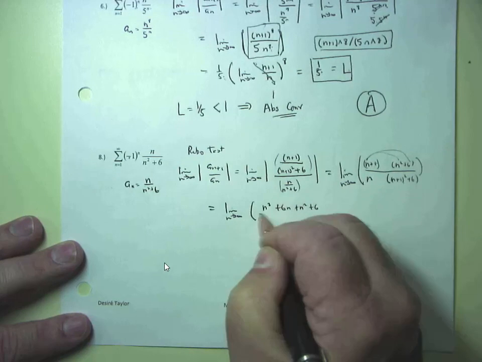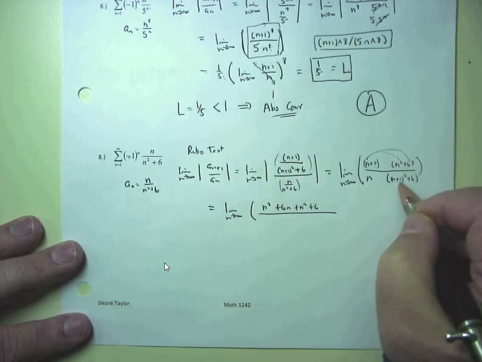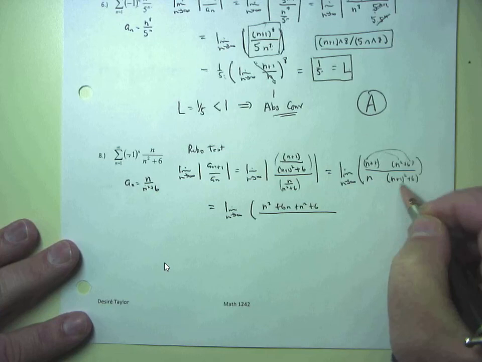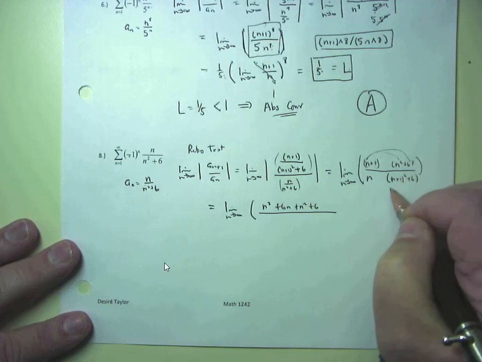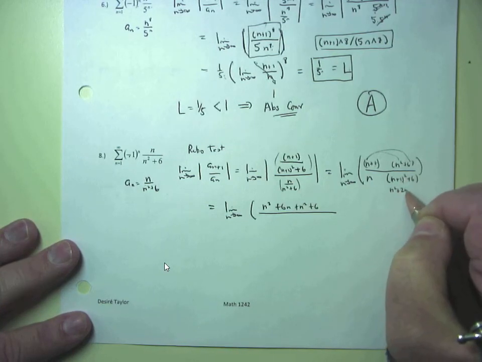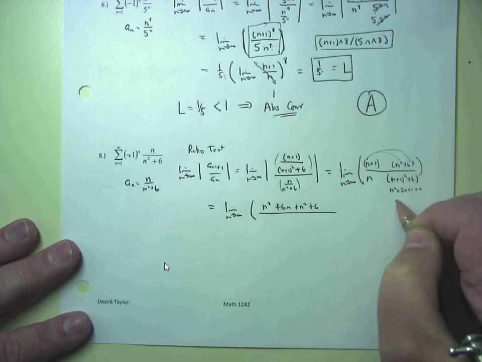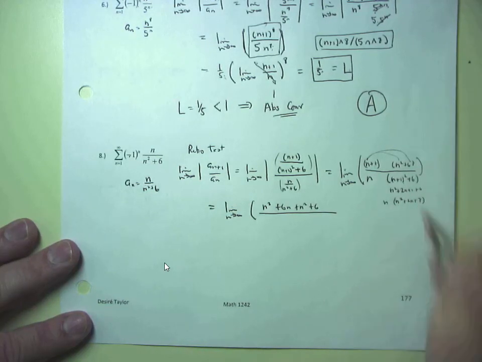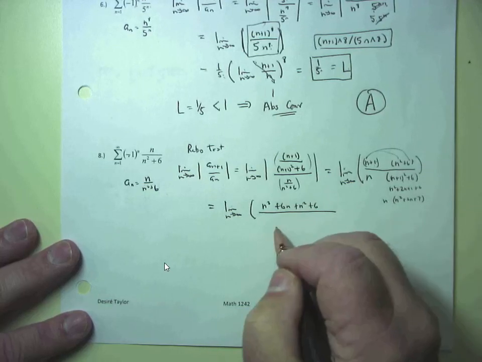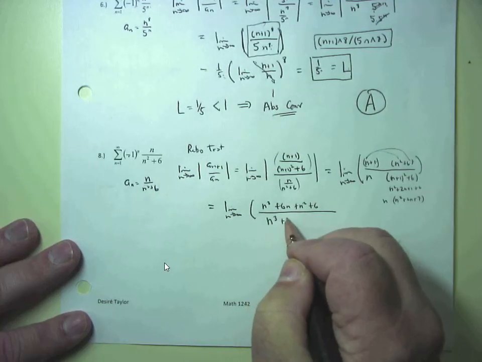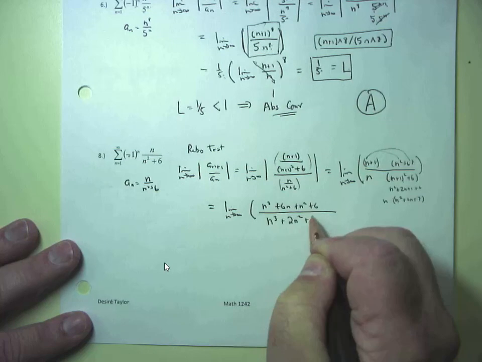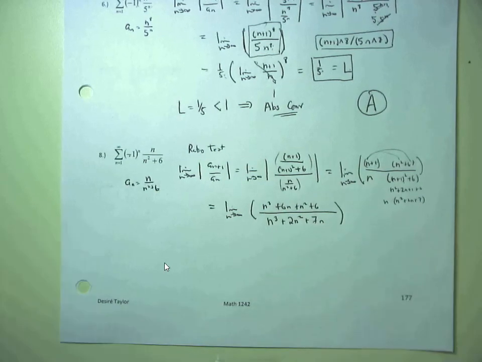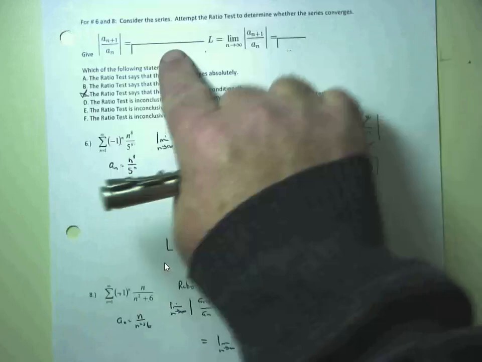The bottom, I can clean up: n plus 1 squared plus 6 is n squared plus 2n plus 7. Multiplying it times that n out front makes it n cubed plus 2n squared plus 7n. When I FOIL it out and distribute, this is what I got, and you can also put this answer into this blank right here.